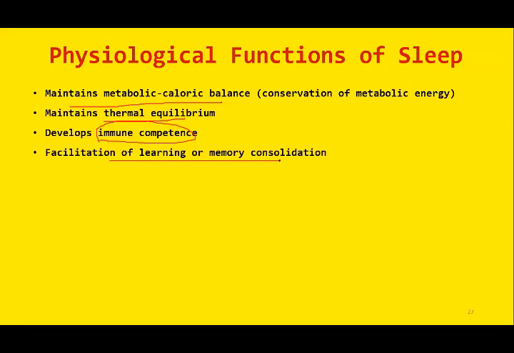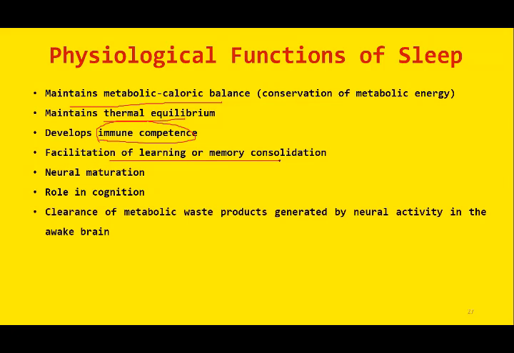So facilitation of learning, or conversion of short-term memory to long-term memory that we call the consolidation phenomenon, all these are the functions of sleep. So neural maturation takes place during sleep. The role of sleep in cognition, or thinking ability, is also there. Then during sleep, most of the metabolic waste products are cleared off the body.